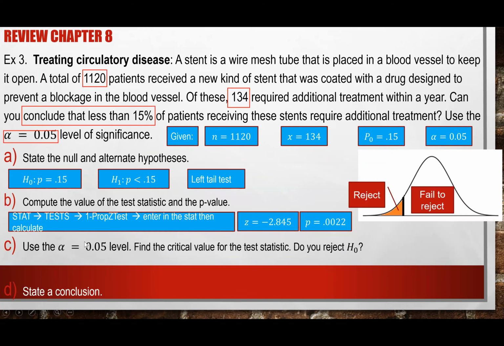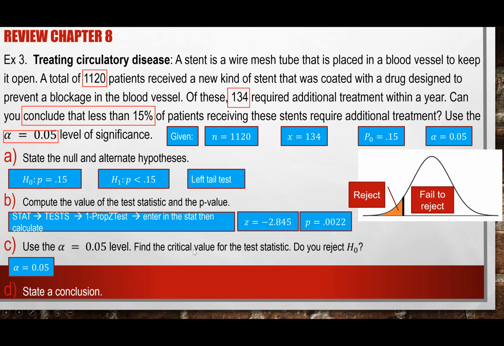Because of that, given that our alpha is 0.05 and the p-value is 0.002, everybody see that the p-value here is smaller than the alpha. If the p-value is smaller than the alpha, then we reject the H sub 0. We reject it, and if we reject it, we say we have enough information, okay?